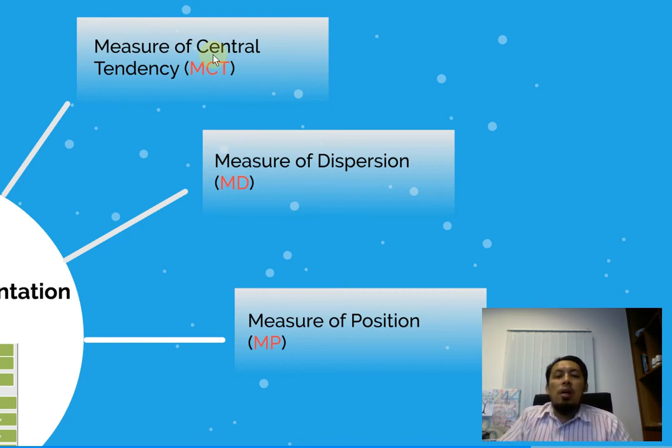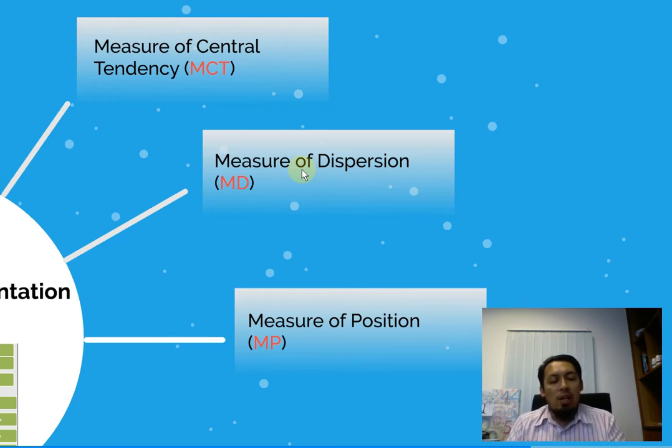Then we have measure of dispersion, where you look at another dimension of the data, which is its dispersion, in other words, the spreadness of the data. We know the center of the data from MCT, but how does it actually spread?